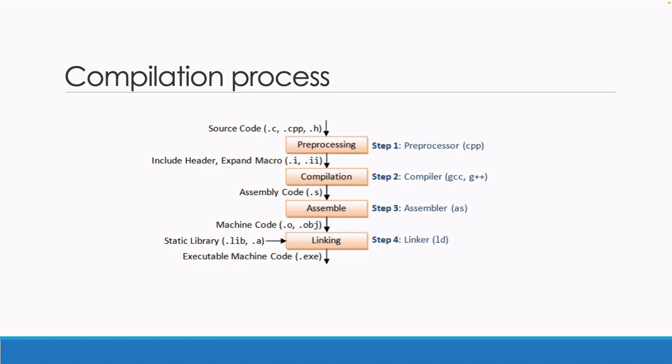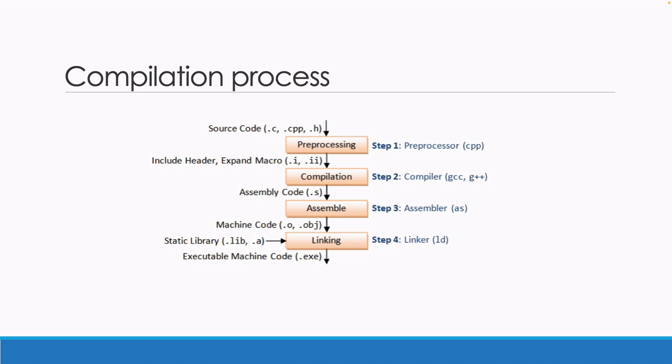It compiles and translates that C file into assembly code. Assembly code is how programming was done in the earlier stages. People used assembly code instead of C code, but now we use C code to program microcontrollers.